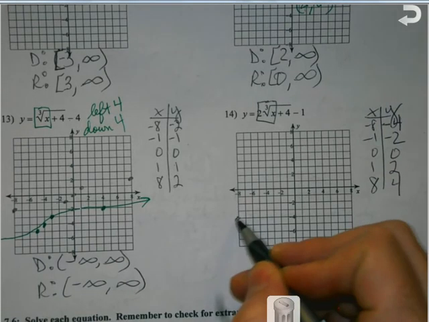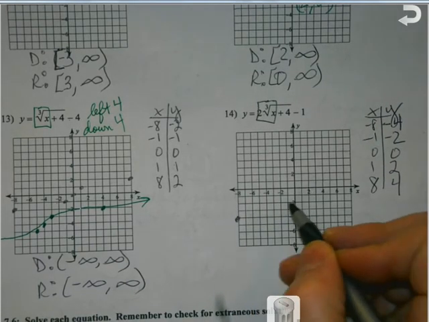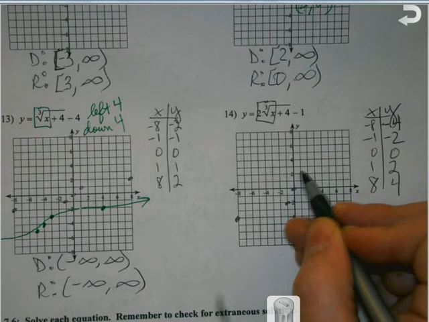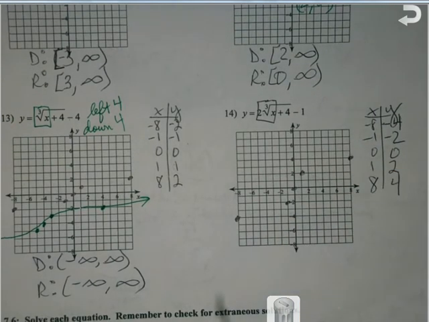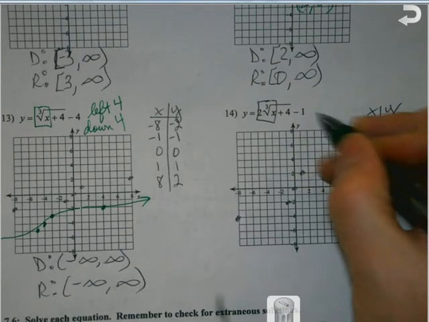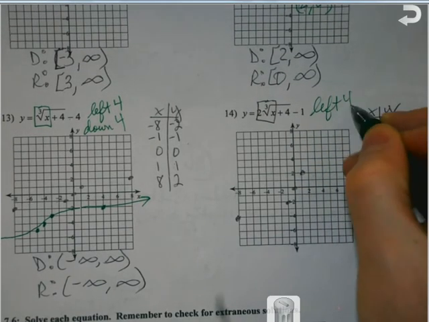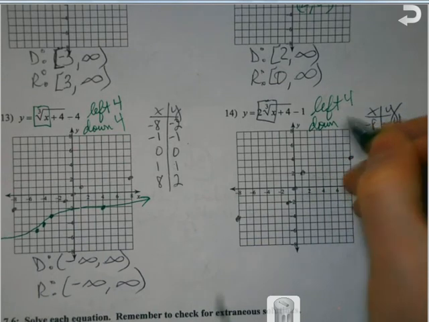So I get those plotted. Again, I notice it kind of stretches my graph out when I have that number in front. And then I look for the shifts again. Plus underneath means we're going left 4. Still not leaving, I know.